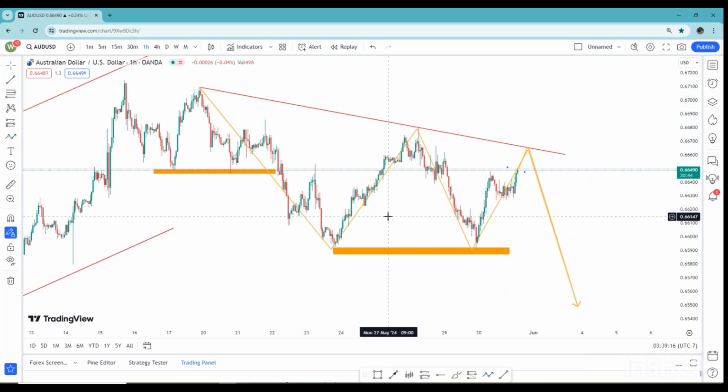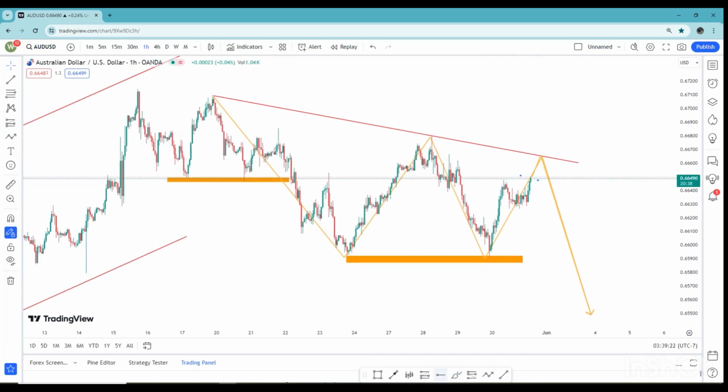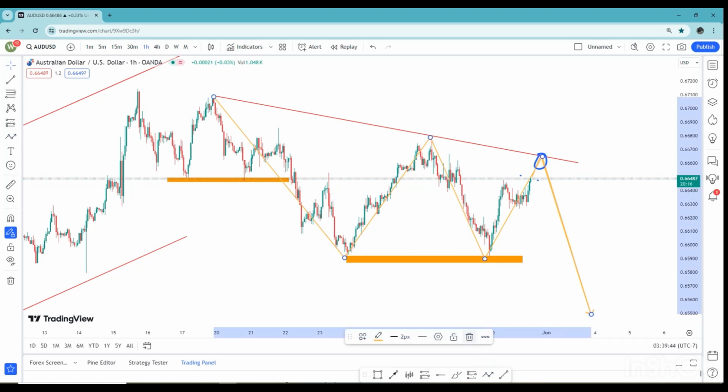As soon as the market hits this area right here, this is where I will start to pay attention to this market, and I'll be expecting some rejection around this area and some pullback. Something like this. Let me show you what I mean by that.